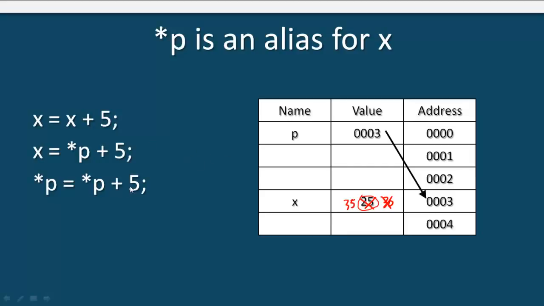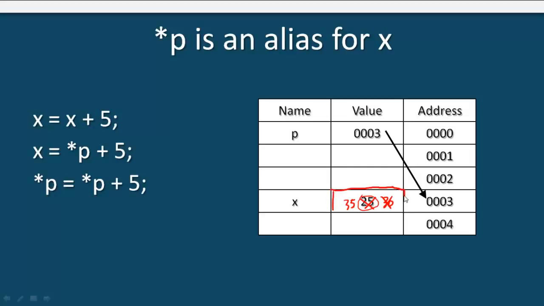In the very last expression that I have here, I have the dereferencing of the pointer P on both the left-hand side and the right-hand side of the assignment statement. Once again, dereferencing this pointer P would just get this value of 35, but now when we dereference this pointer P on the left-hand side of the assignment statement, it allows us to store a value at that designated location here.